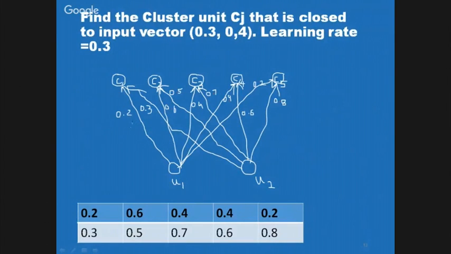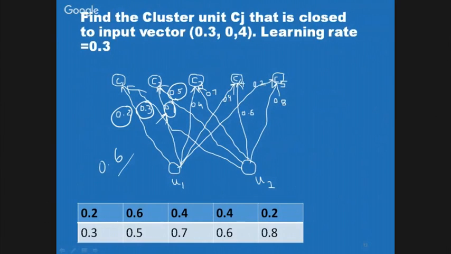The values are these: U1 and C1 is 0.2, U2 and C1 is 0.3. Then U1 and C2 is 0.6, U2 and C2 is 0.5.